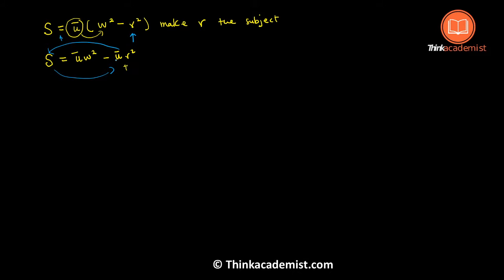So that this pi r squared, which is negative, will now become positive, and we stop it from becoming a negative. So I'll do just that by writing pi r squared. Now remember, it is no more negative because it has crossed the equal sign.